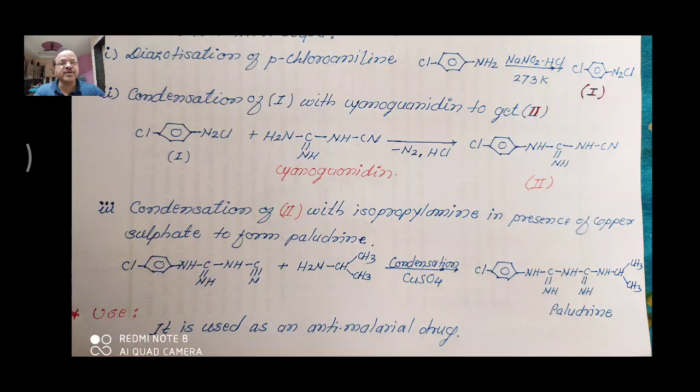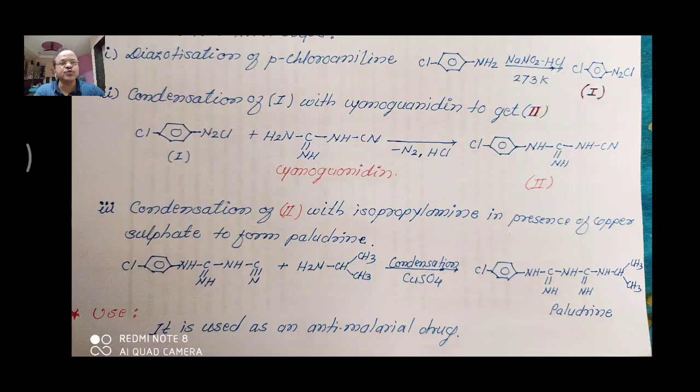Let me repeat. The first one is the diazotization of parachloroaniline, ClC6H4NH2, on reaction with NaNO2 and HCl at 273 Kelvin. It forms compound number 1, ClC6H4N2Cl.